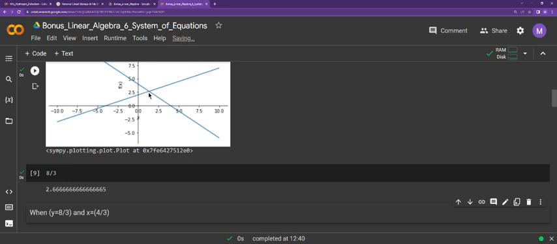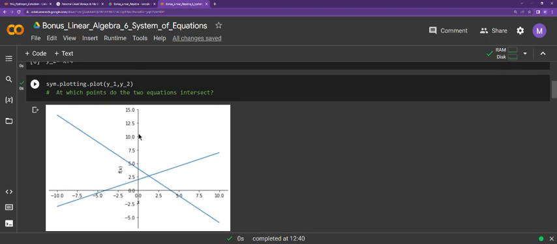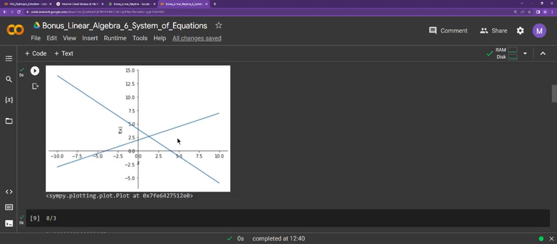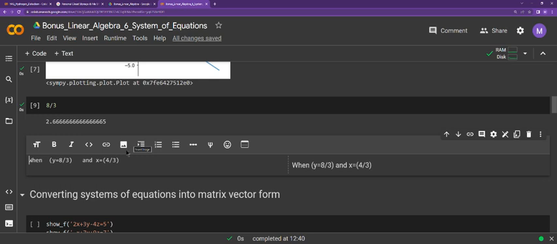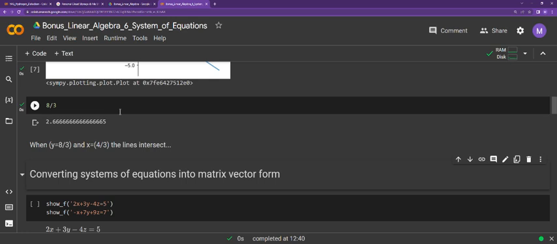So that's the intersect point between these two lines, which are associated with the two formulas.